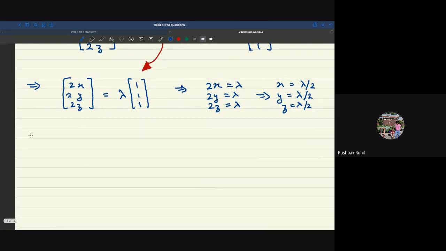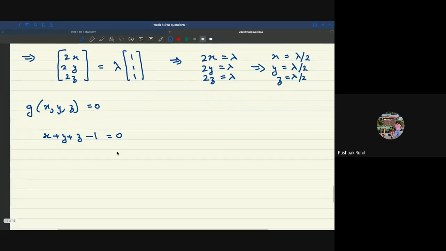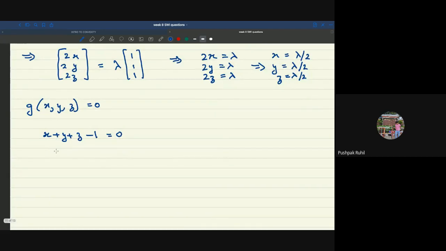Now we know that the function g of x, y, z is equal to 0. And we also know x plus y plus z minus 1 is equal to 0. Now you can use these values in this particular equation.